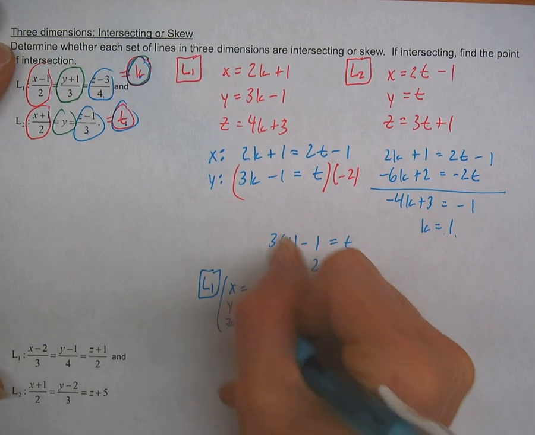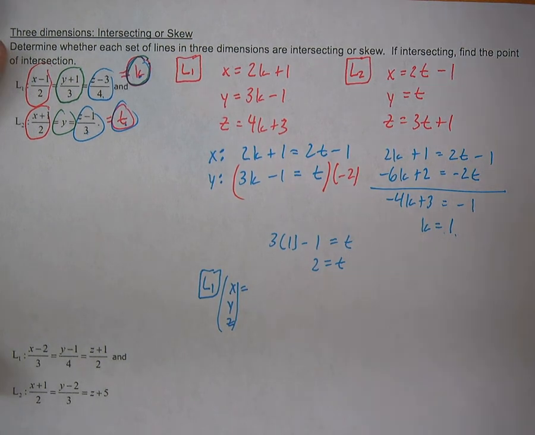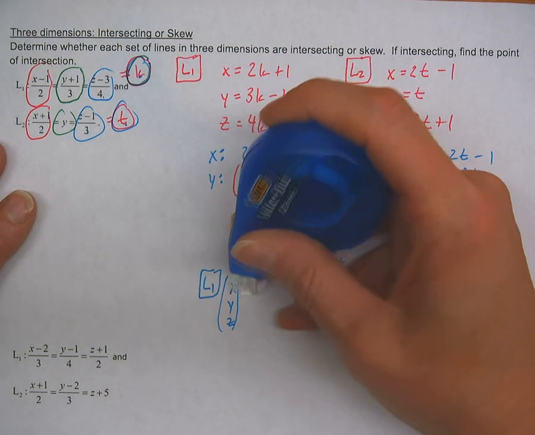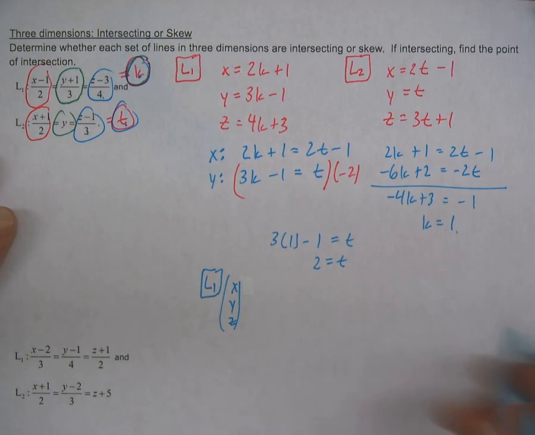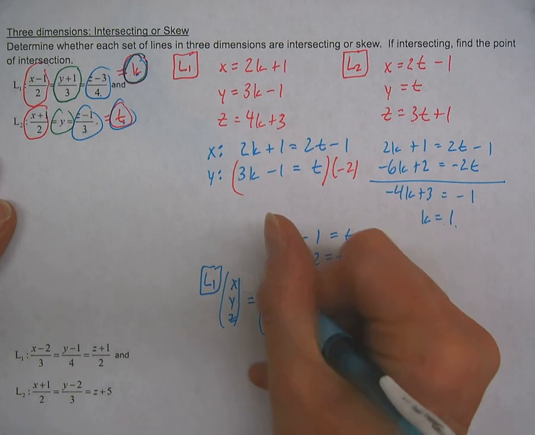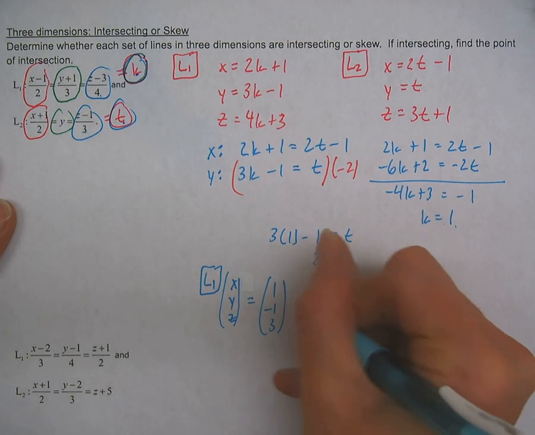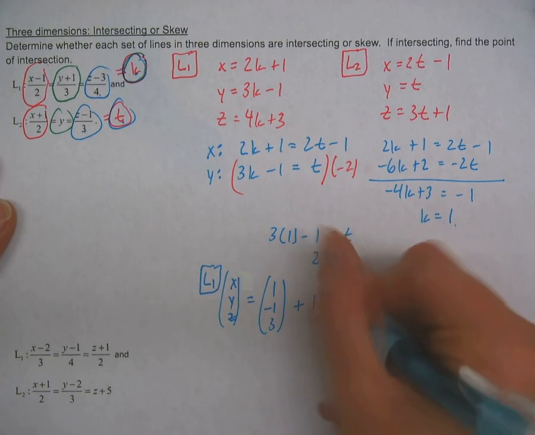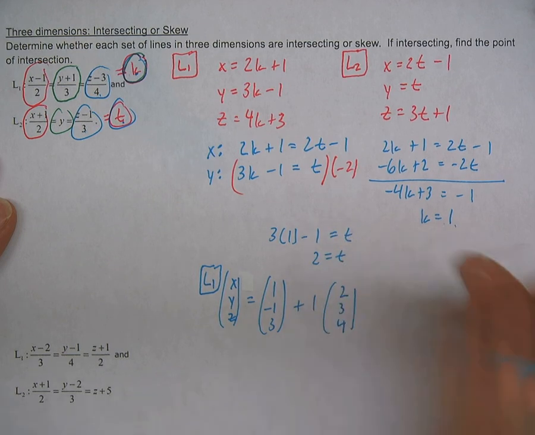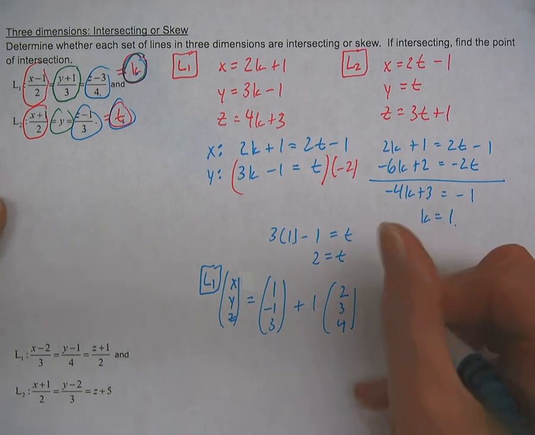If we want to write this in vector form, we totally can, or a vertical matrix form. So I just switched it from parametric to vertical matrix.